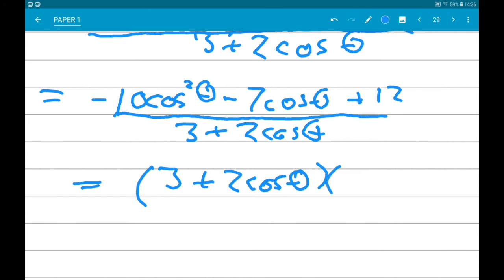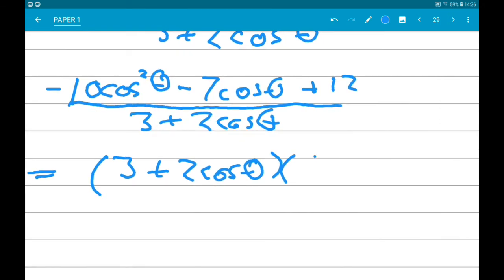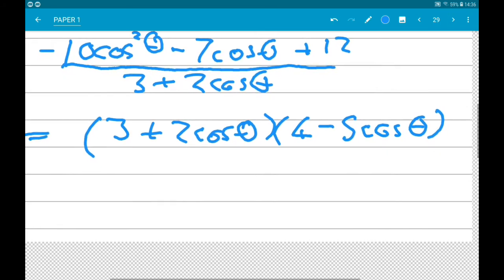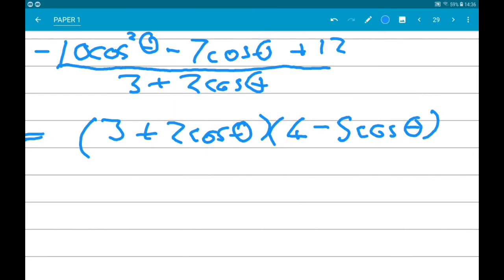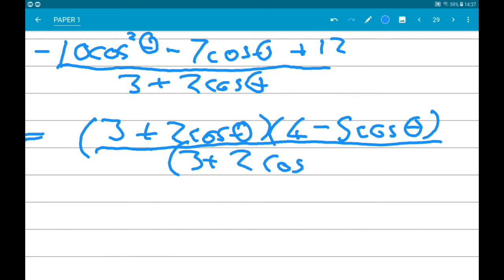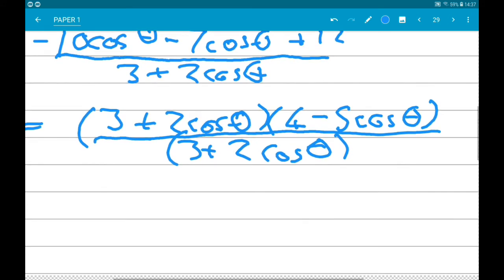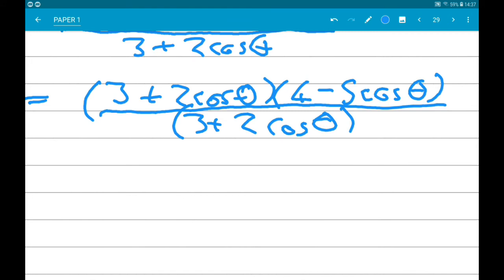Which then means we're going to need a 4 minus 5 cos. Then on the bottom, 3 add 2 cos. For common factor of 3 add 2 cos, we do indeed get 4 minus 5 cos theta.